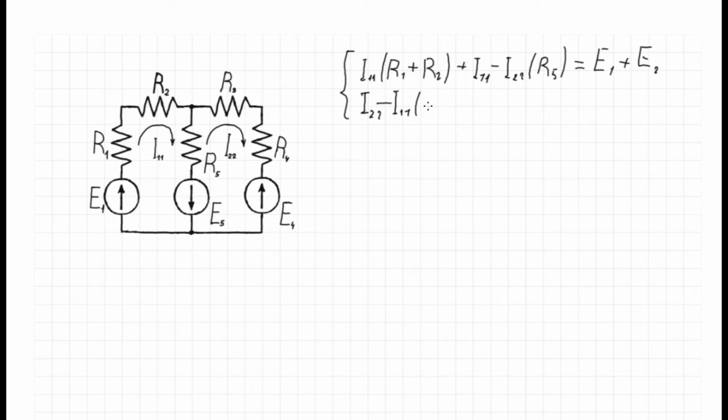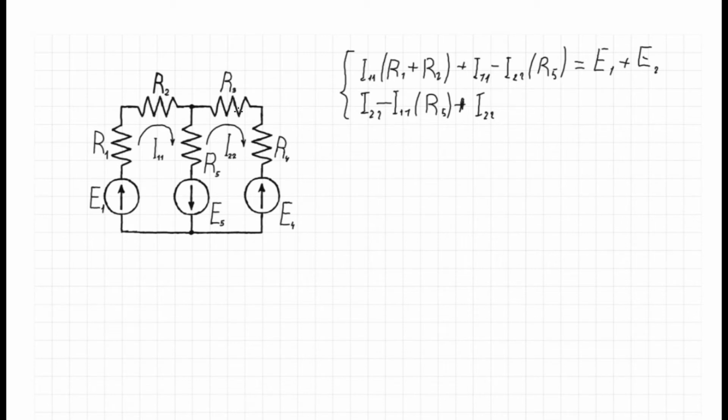Next the multiplier R5, and the next term on the left side is the current I22.